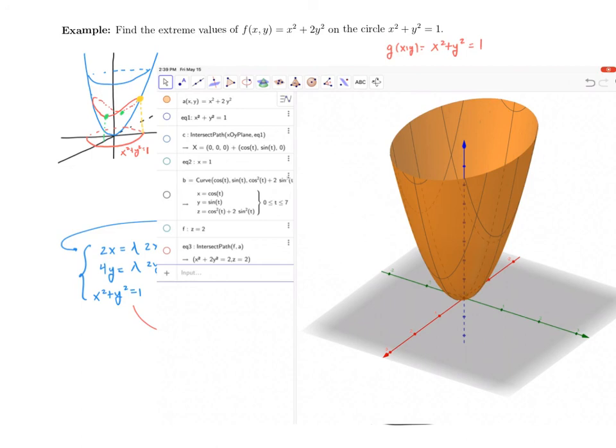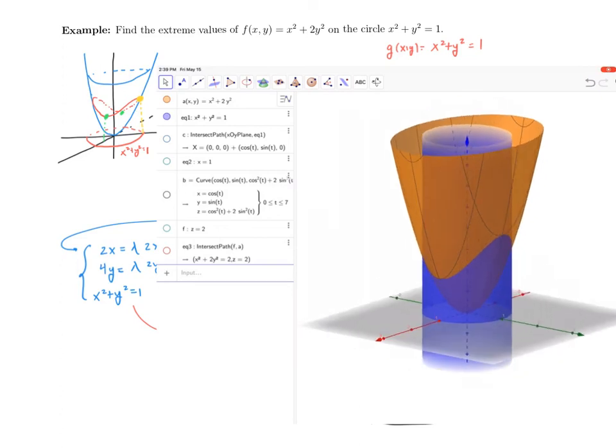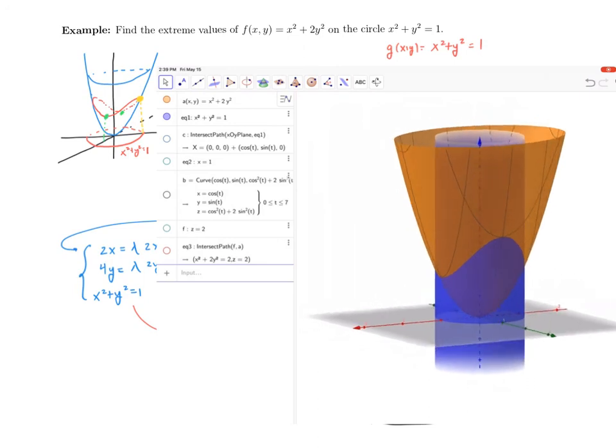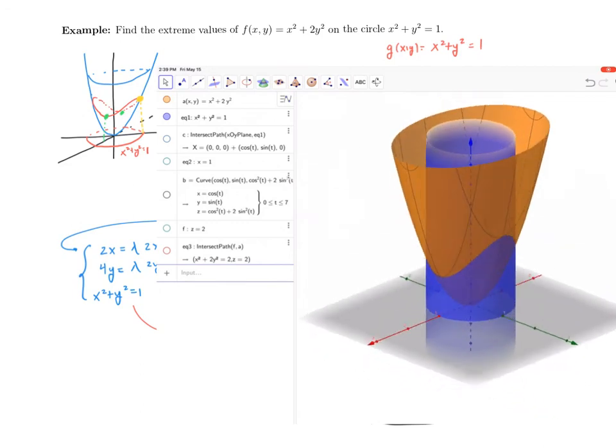And what I'd like to do is kind of just hit play on this and follow along. So we want to know how big or how small will this be relative to x squared plus y squared equals 1. So essentially that is, if we look at this cylinder, where does it intersect the surface?